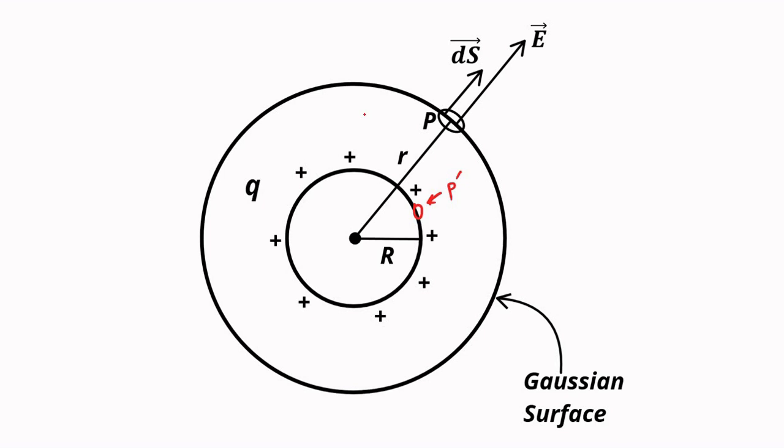So here also the same situation. At a certain distance away, the area is in the same direction as the electric field, the angle between them is theta equal to 0 degree, and the same situations will be repeated again.